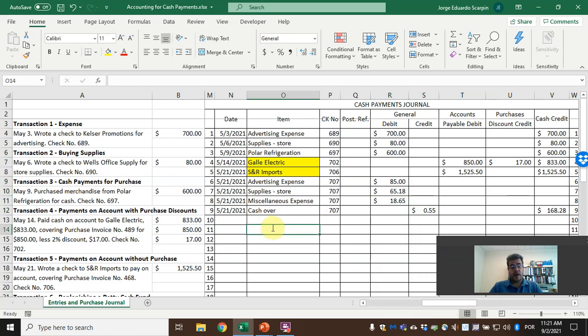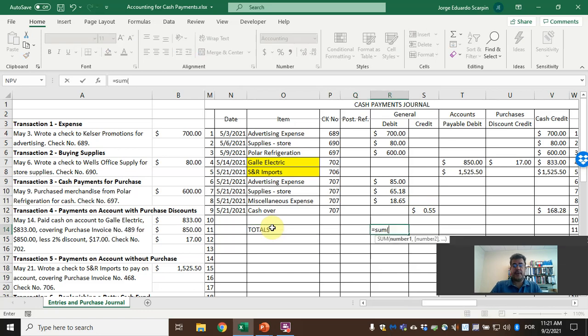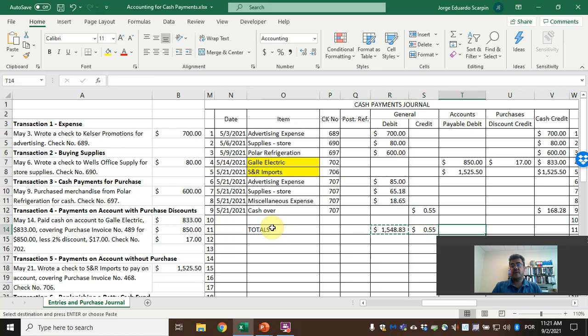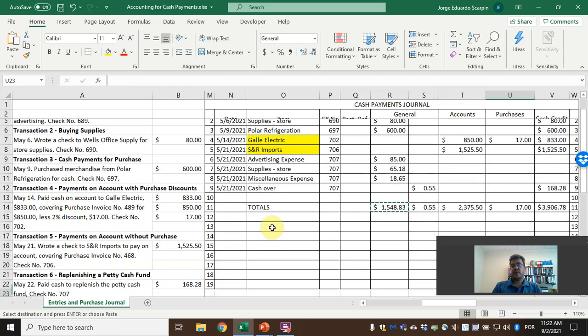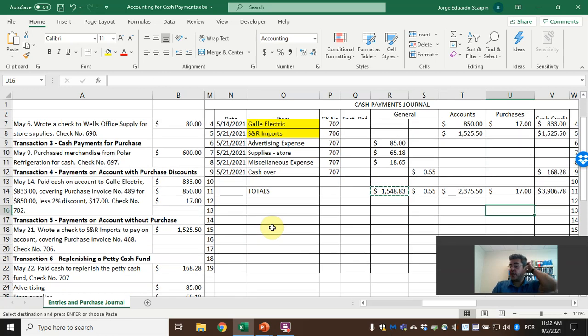And now, totals. How much do we pay on general accounts? On debit, 1,548. On credit, accounts payable, purchase, and cash credit. How do we know if this is right or wrong?